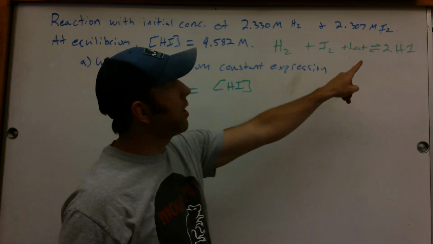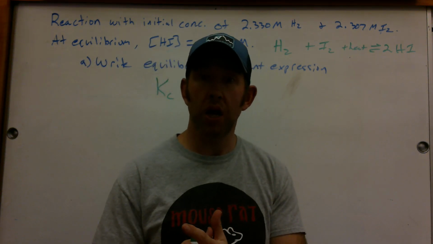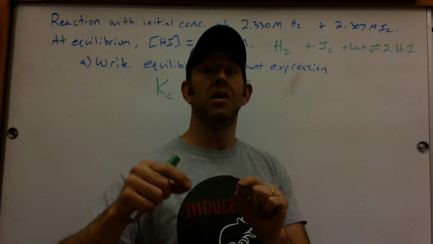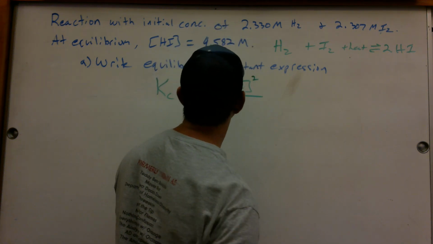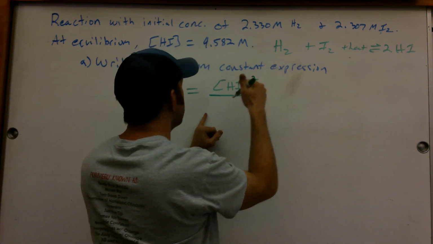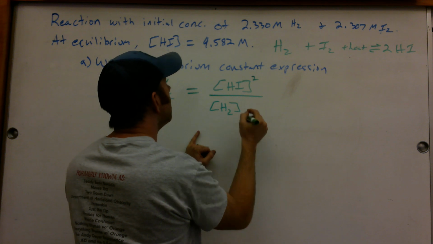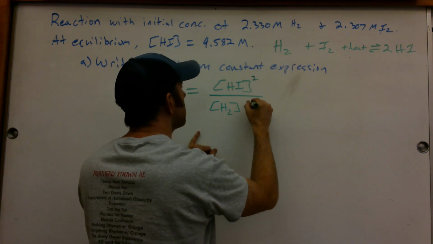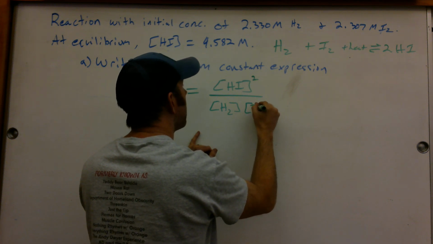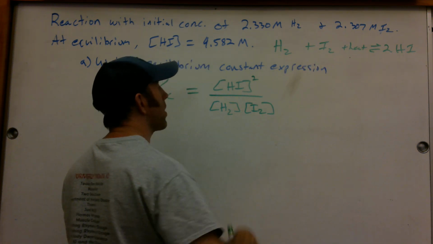Now we have a coefficient of 2, so our coefficients in equilibrium constant expressions become exponents. Over the molarity of hydrogen gas, and there's no coefficient there, so I don't need an exponent, times the molarity of iodine. Again, because there's no coefficient there, no exponents needed.